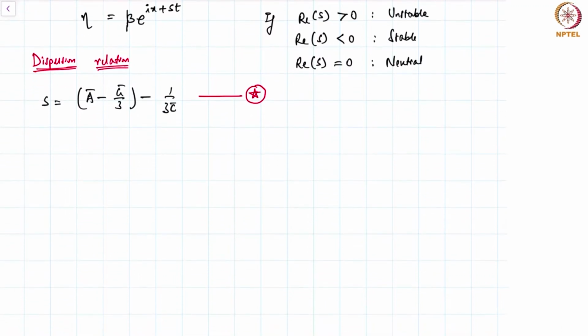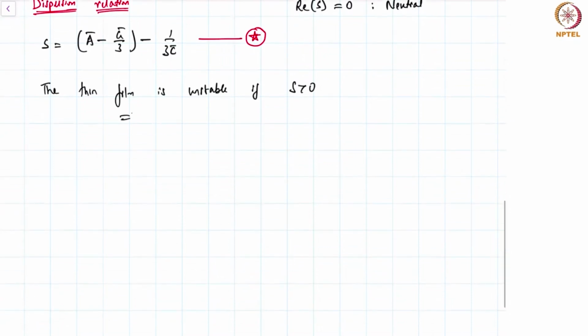So we see that the thin film is unstable if s is greater than 0. And this essentially means if A bar is greater than G bar by 3 plus 1 by 3 C bar.